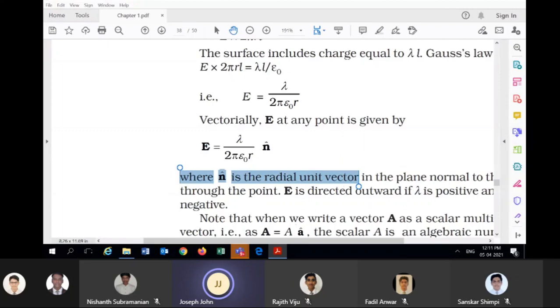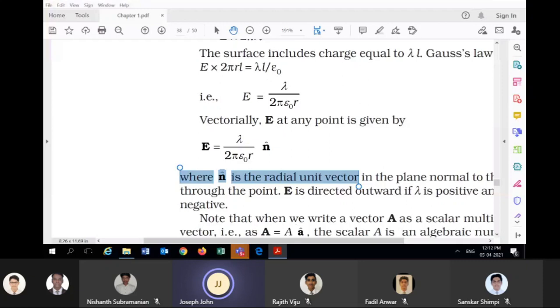Just multiply by n cap, that's all. Not compulsory, but write it. Sometimes in the exam they're asking. Vector form means put an n cap only. That's enough. Derivation is over.